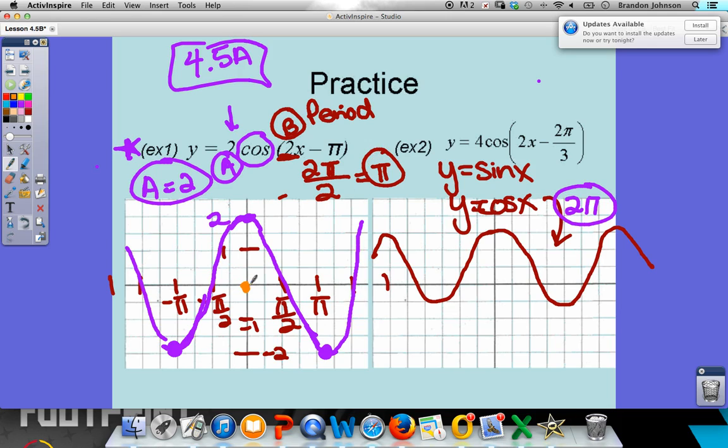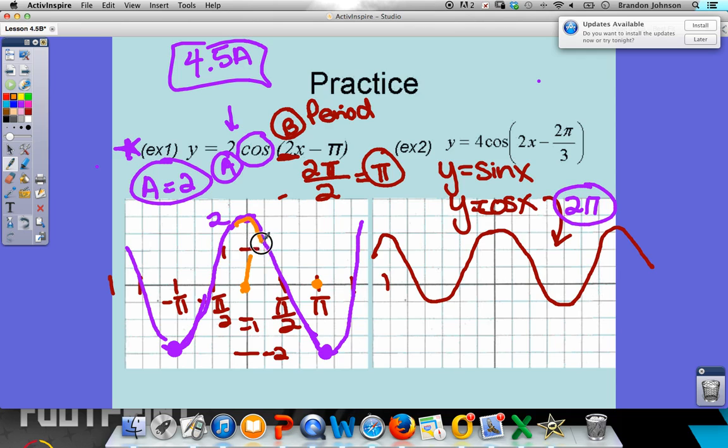So from 0 to pi, I need to get a full rotation within that amount. So what I'm saying is it should look like the following. As I do this, I'm going up, starting right here. Boom.